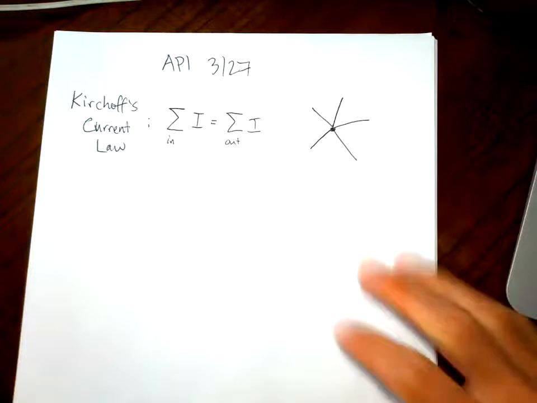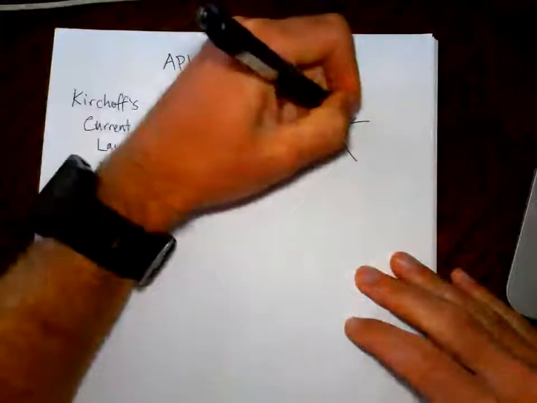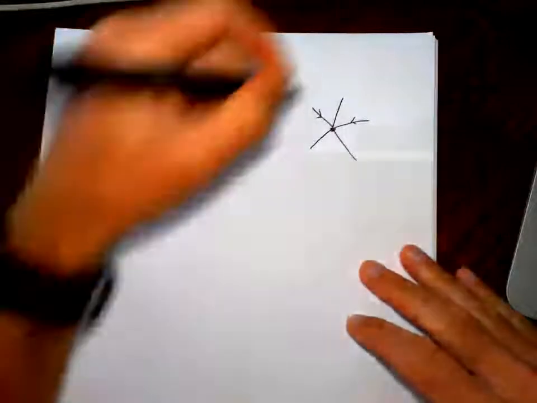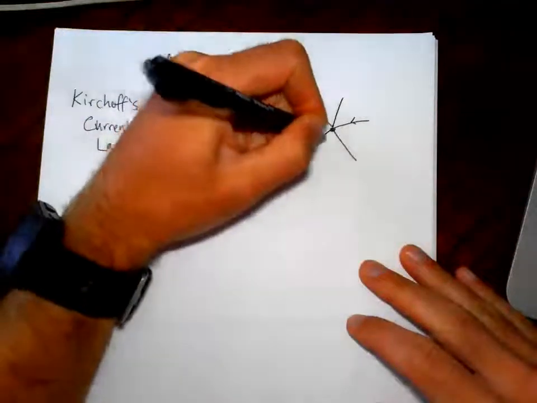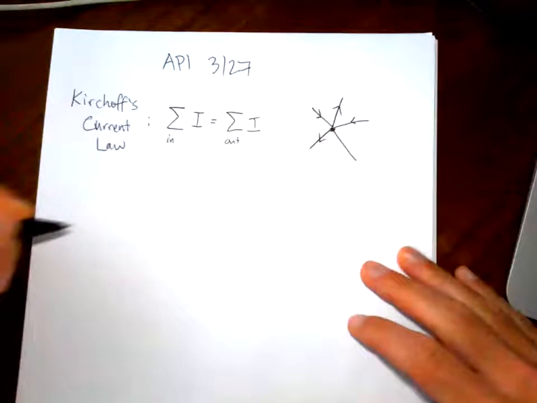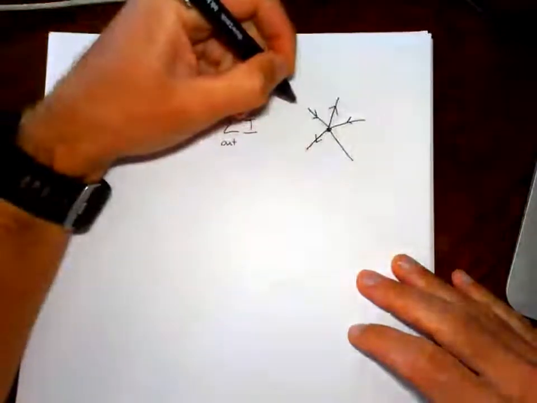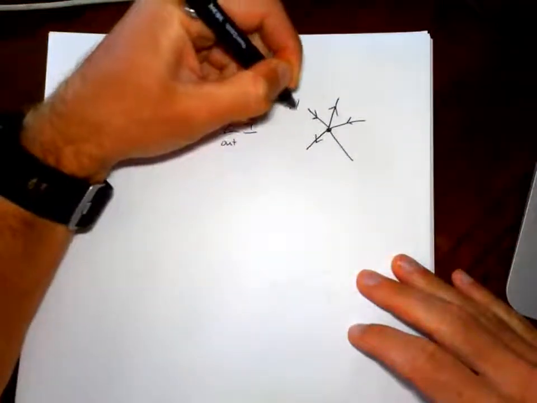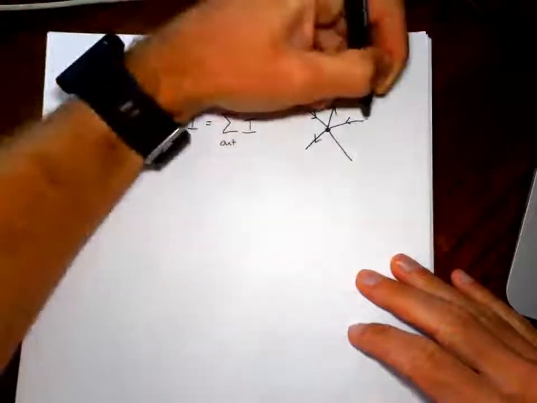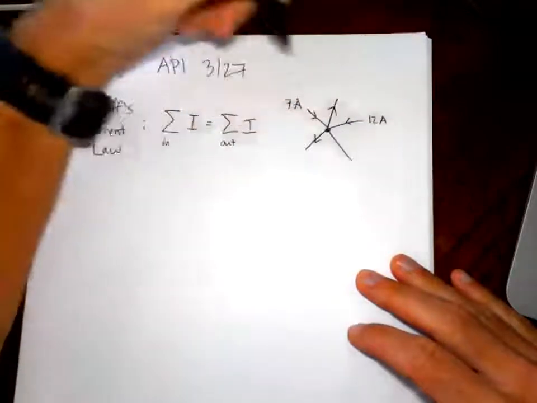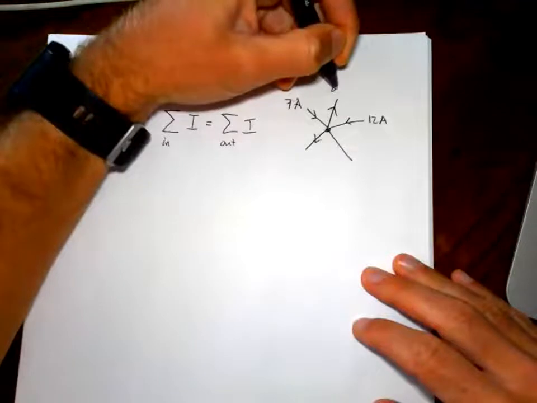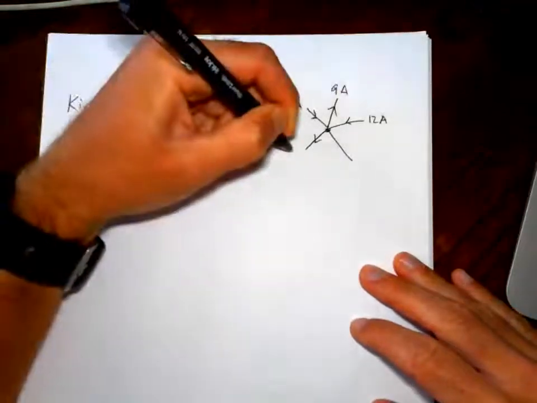Okay? And this wire and this wire are carrying current into the junction. And this wire and this wire are carrying current out of the junction. So let's say that this is 7 amps, this is 12 amps, this is 9 amps, and this is 1 amp.